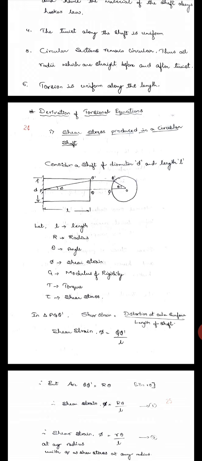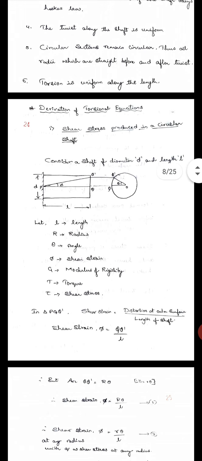Now, as shown in the figure, in triangle PQQ dash, shear strain is the distortion of the outer surface upon the length of the shaft.